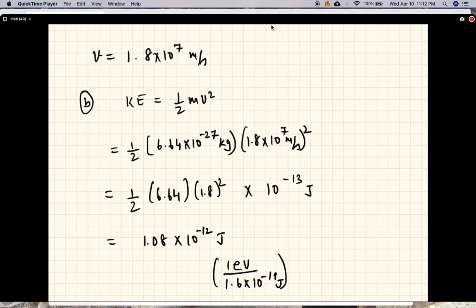And so this is equal to 1.08 times 10 to the minus 12 joules times that conversion, and that is equal to 1.08 divided by 1.6, which is 6.75, times, the 19 comes to the top, that becomes 10 to the plus 7, so this is 10 to the power 6 electron volts.